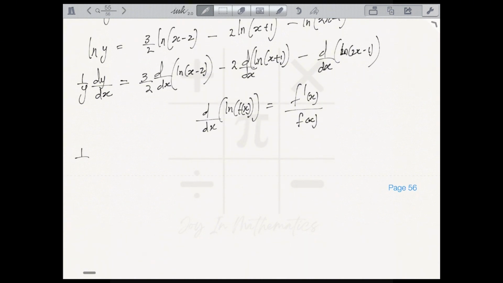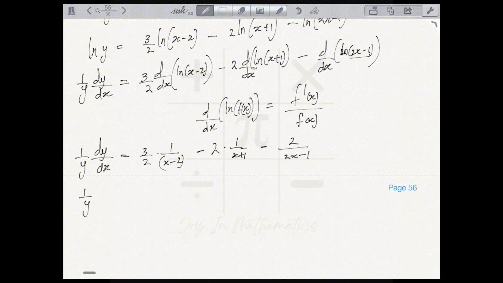Henceforth, we have dy dx. This will give us 3 over 2 multiplied by 1 over x minus 2, minus 2 multiplied by 1 over x plus 1, minus, differentiating 2x minus 1 will now give us 2 divided by 2x minus 1.